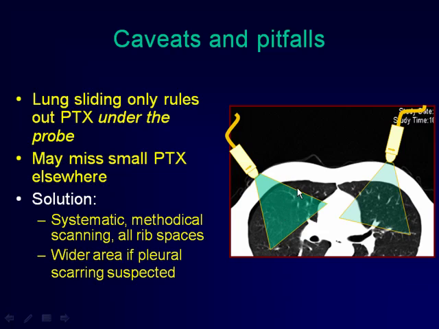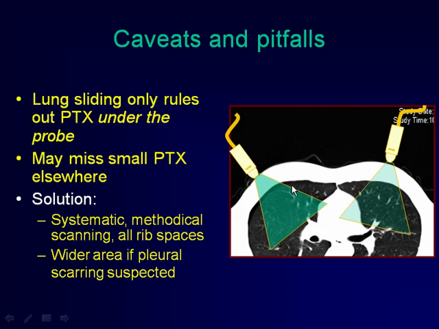Most people, if they don't have pleural scarring, if they're lying in a supine position, will, regardless of where their pneumothorax is when they're standing, form the space of the pneumothorax anteriorly, just due to the weight of the lung falling away from the anterior chest wall.